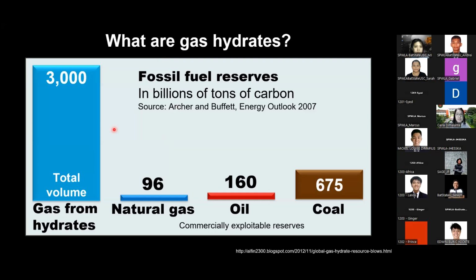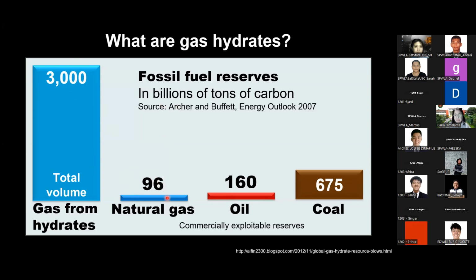You can see in this graph that some of the more recent estimates indicate up to 3,000 billion tons of carbon that can be extracted from gas hydrates. You can see how the natural gas, oil and coal reserves compare with the volume of carbon that can be extracted from gas hydrates.